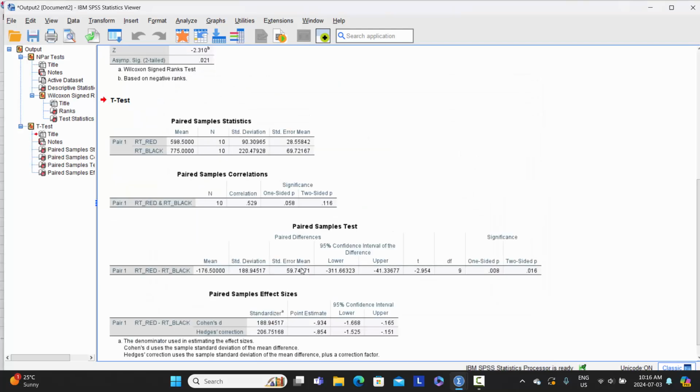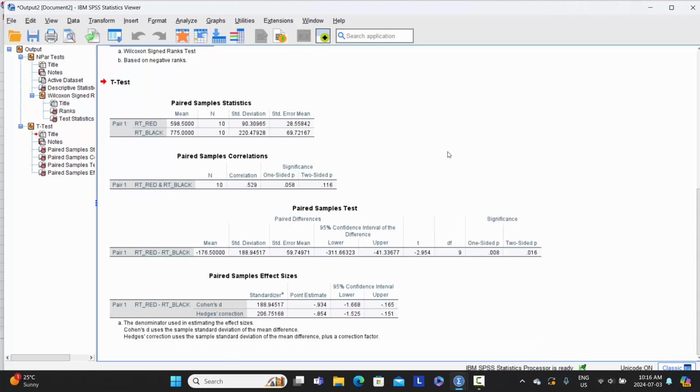I hit OK. And under the t-test, what you see again here, the t-test approach will automatically generate descriptive statistics for the two different conditions, and we see a very moderate to strong correlation of 0.529, and in a paired comparison this is actually ideal.